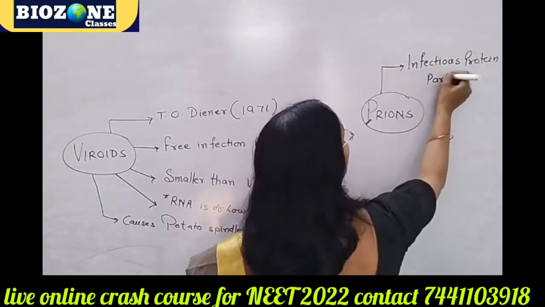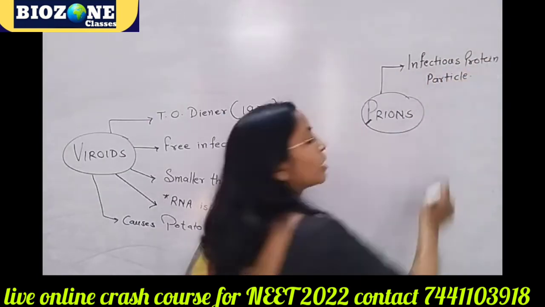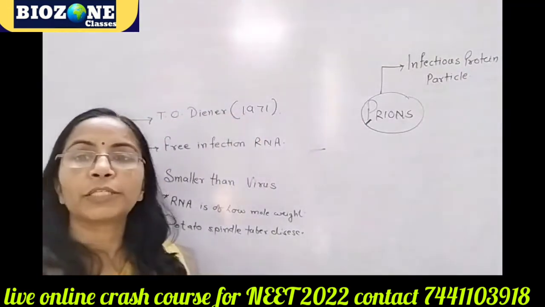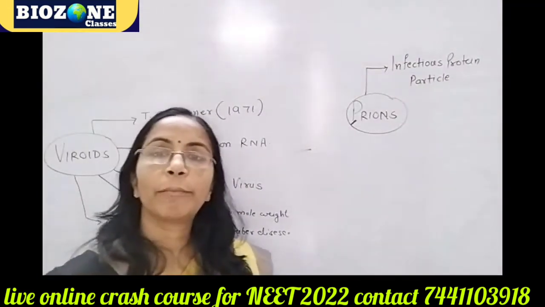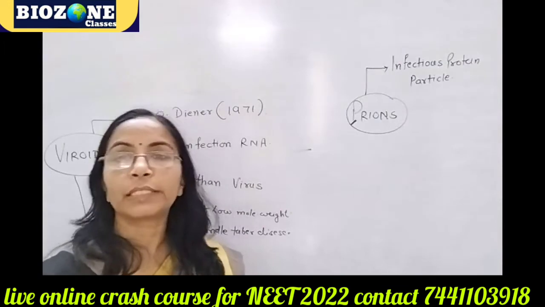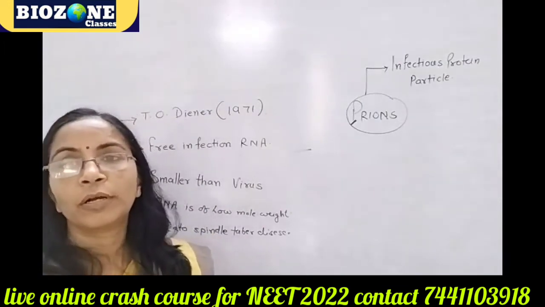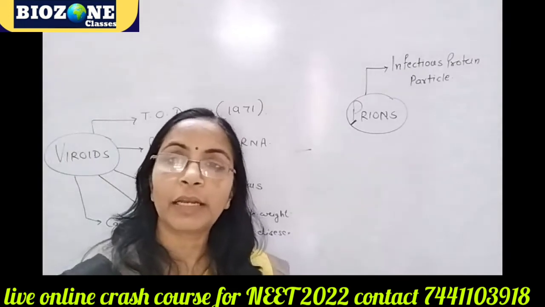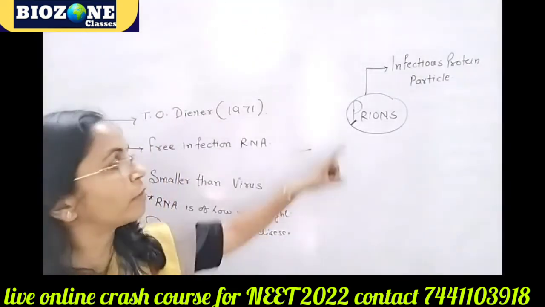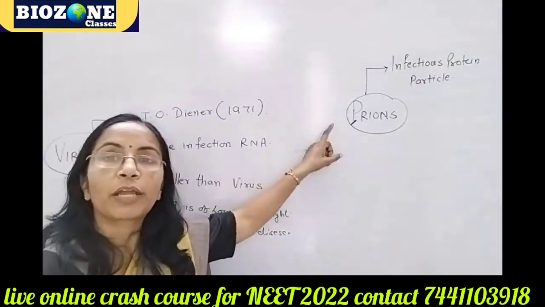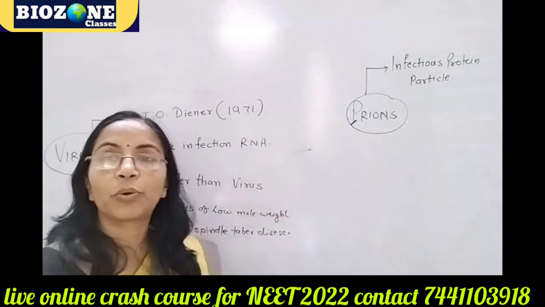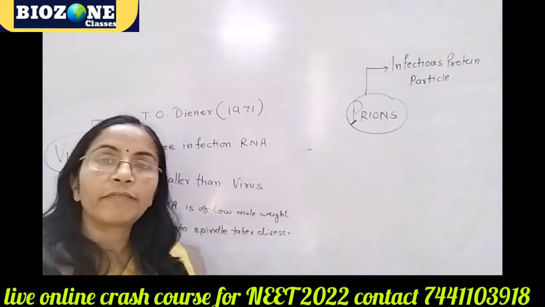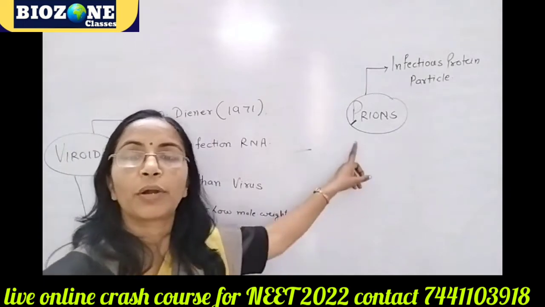That means generally you see the genetic material of virus is having the capacity to cause an infection. But when there is no capacity in genetic material, and instead the proteinaceous part or capsid is showing capacity to cause an infection, then that infectious protein particle is called as prion.